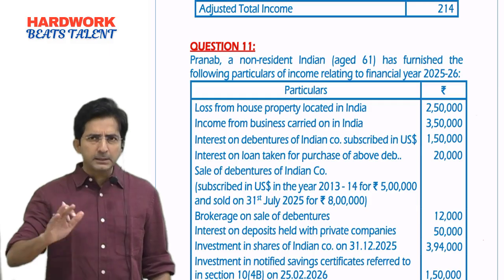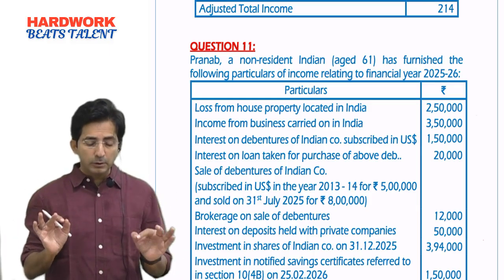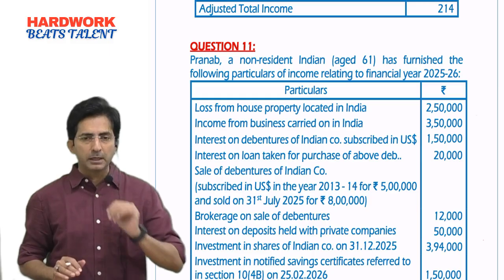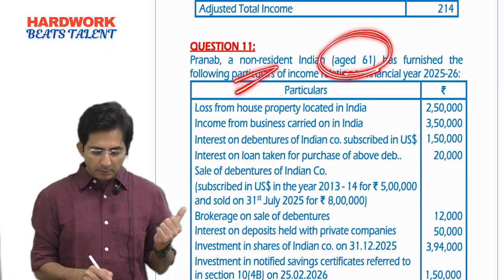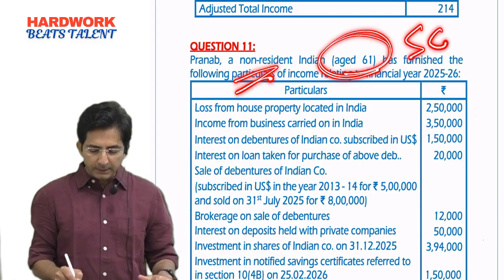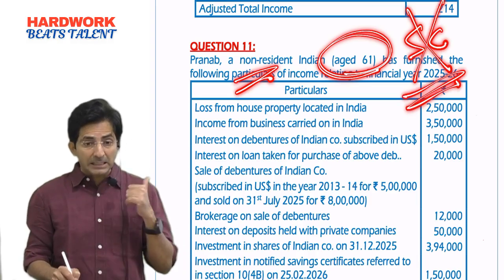At many places there are special provisions for senior citizen, but under income tax law senior citizen means resident person with the age of 60 and above. Here although the age is 60 and above, but he is not resident, so he will never get the tag of a senior citizen. This point I clarified at the end of last lecture.